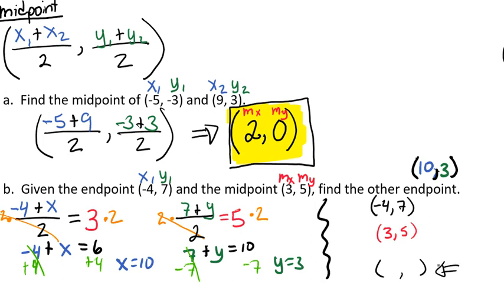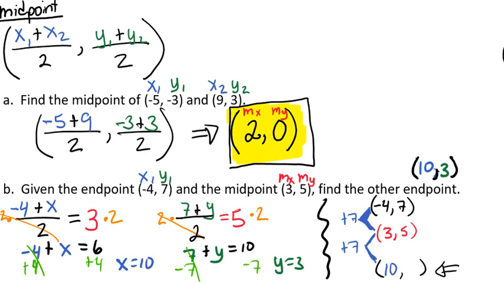So I want to know, what do I need to do to get from -4 to 3? Well, I needed to add 7. So because this is the midpoint, if the distance between these 2 points right here is 7, then the distance between this point and this point also has to be 7. So 3 plus 7 is 10.